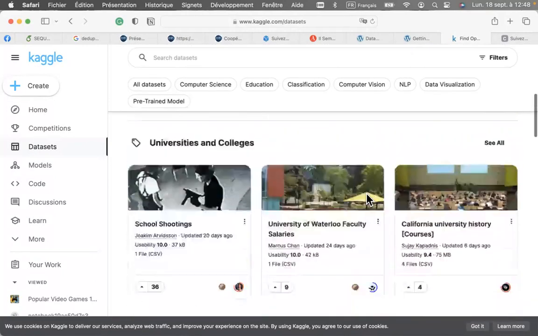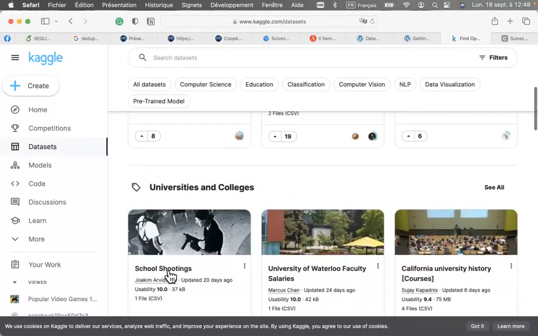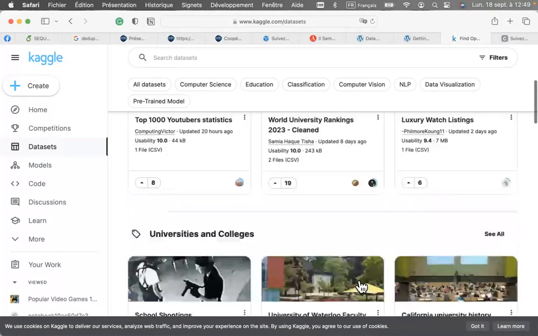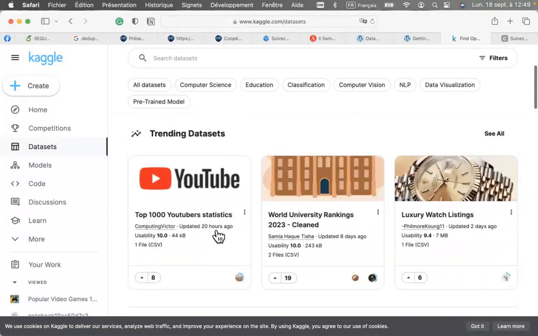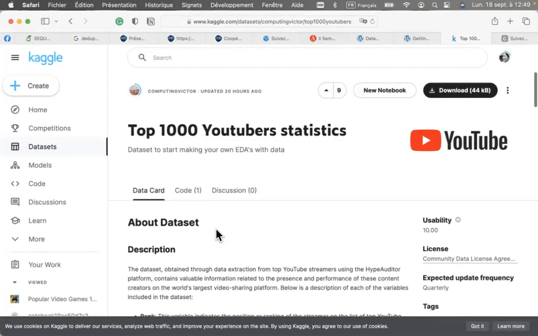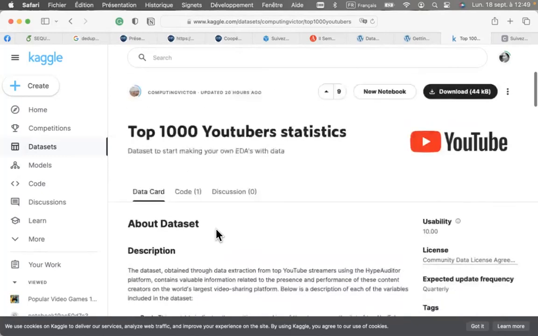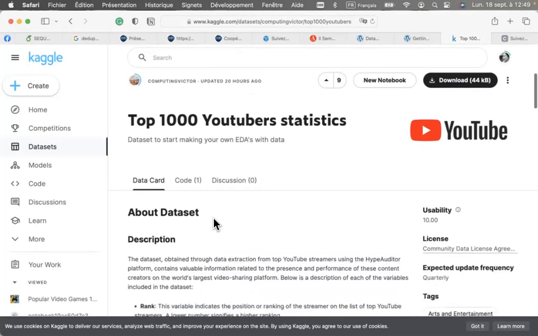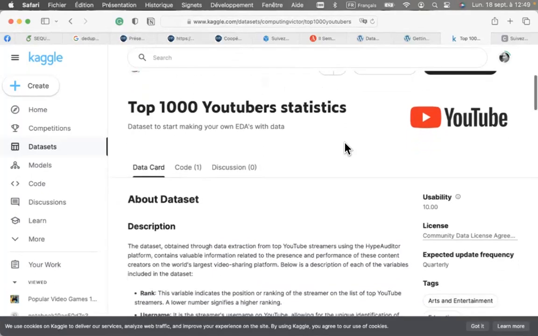So let's use this one. No, this one is horrible. Well, this one to show you. So a data set, well, this one is provided by, you have seen who, is defined as follows. So this is the curation spirit that I'm talking about. So you have the title of the data set.